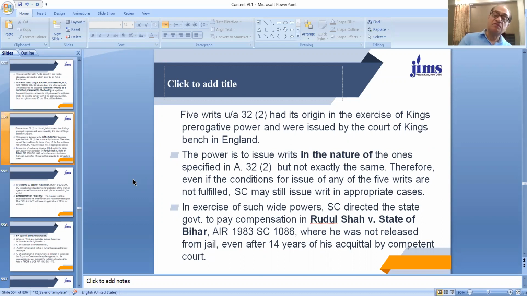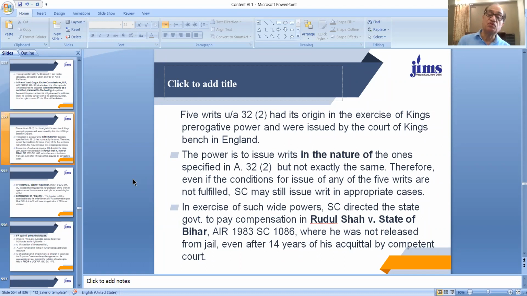Now, where is the power of giving compensation of 30,000 rupees? This compensation is in the nature of the writ, in the nature of habeas corpus. Since you have misused habeas corpus, you have not released Rudul Shah for a long 14 years after his acquittal.